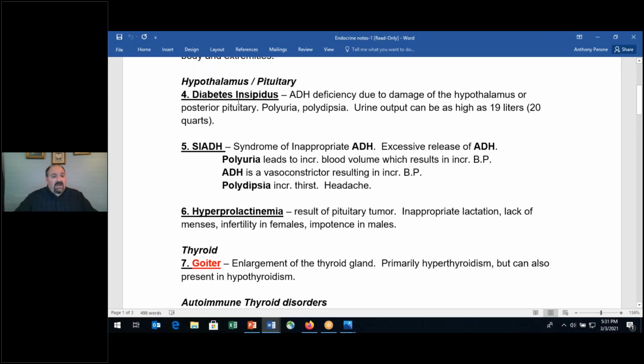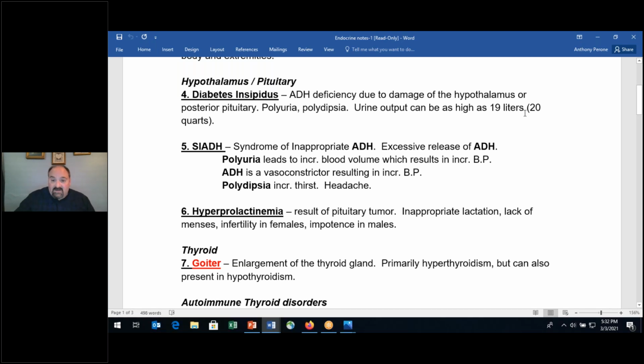We talked about diabetes, but this is a different type of diabetes called diabetes insipidus, and this has to do with ADH deficiency. Recall that ADH is produced by the hypothalamus and released to the posterior pituitary, the neurohypophysis, and this is a water conserving hormone. If we have a deficiency of this, what's going to happen? Well, look at this.